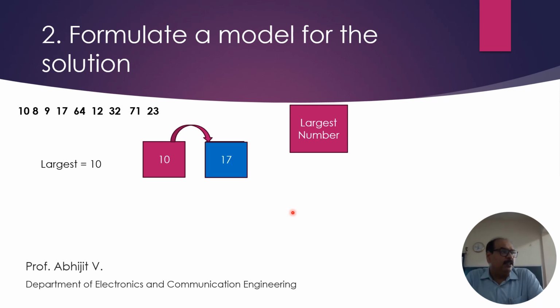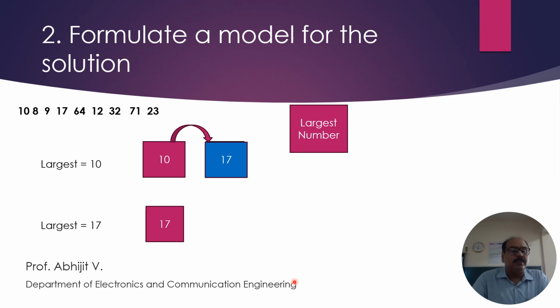But what happens when the next number comes? 17. There is a change. 17 is greater than 10. So what do we do? We change the largest number to 17. And then what do we do?